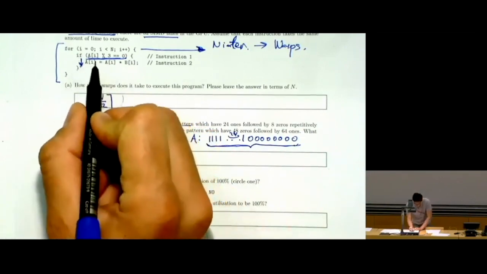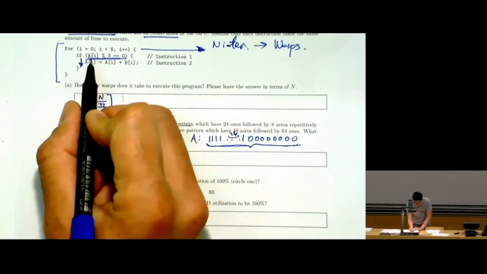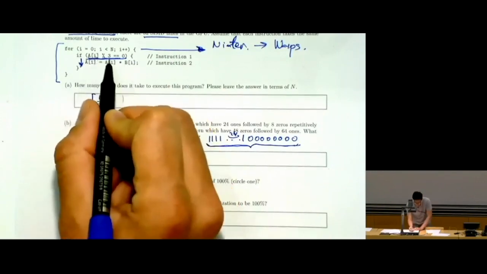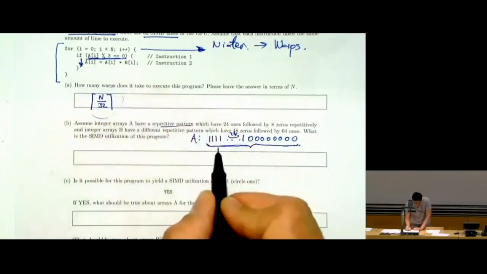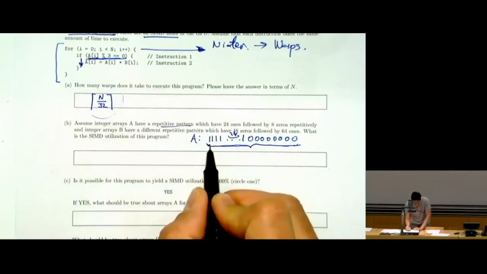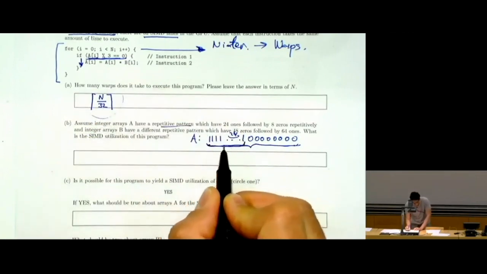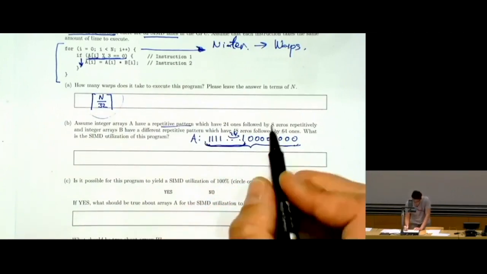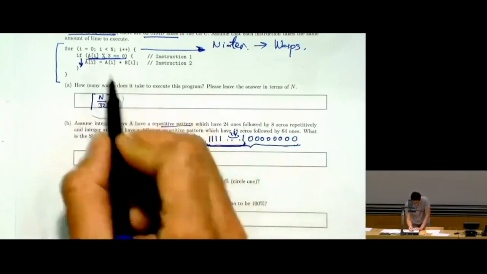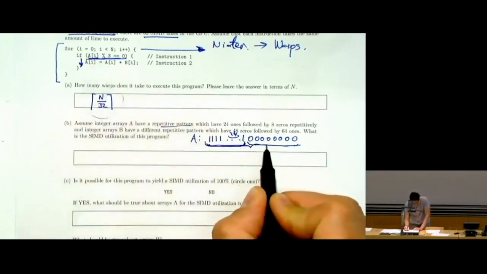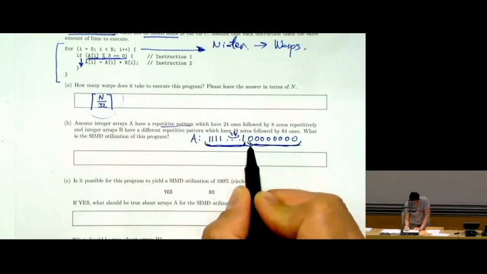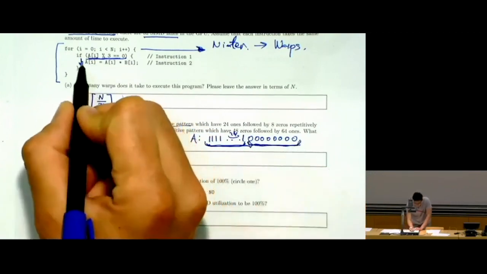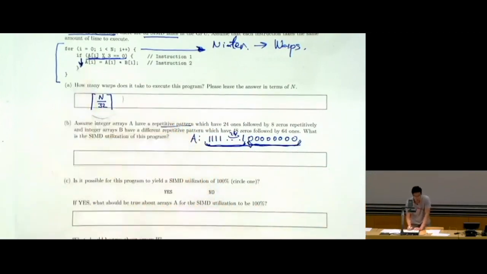And observe that here the condition is that A is divisible by 3. Because all these 24 ones that we have here are not divisible by 3, only those threads that read I equal 0 will actually execute this statement.